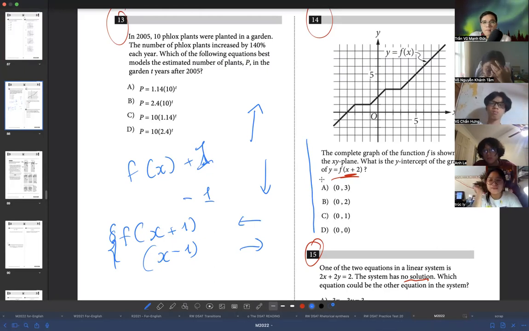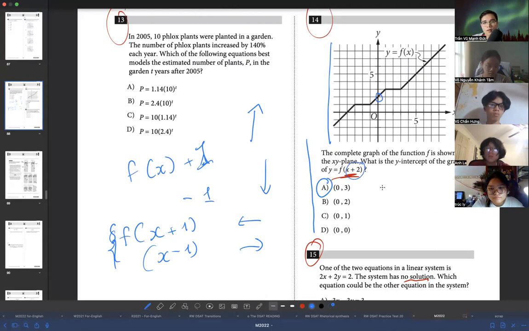It is A. Let's see, A. So currently, what is the y-intercept of this one? 2, right? So if you shift the graph by 2 units, where are you shifting it, to the right or to the left?